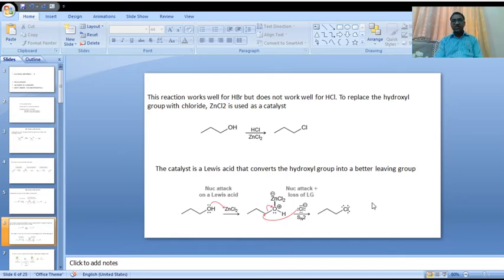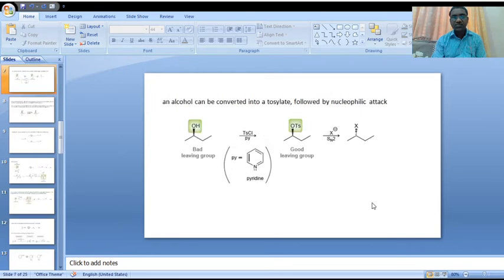It is lost very fast from the intermediate, and we get the product very fast. Is it clear? In the presence of zinc chloride catalyst, the reaction proceeds.